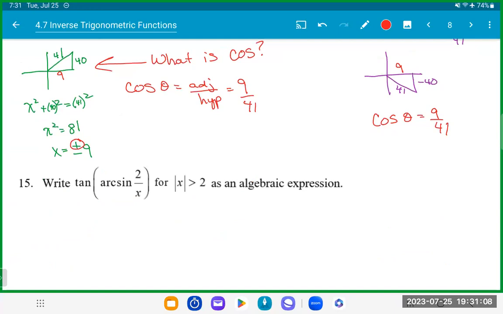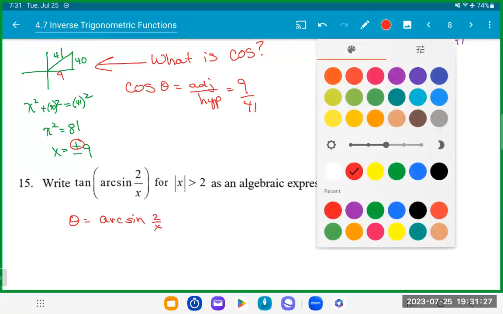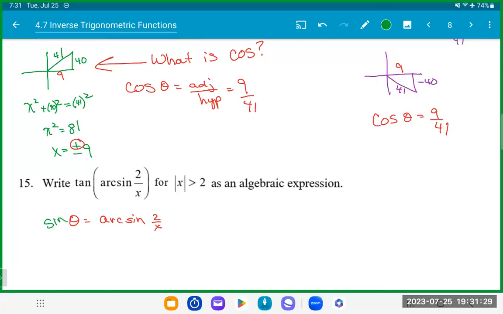Okay, so this last example down here is if we're looking at the arc sine of 2/x. That is, we're saying theta is equal to arc sine 2/x. So taking the sine of both sides, that gives us that sine of theta is equal to 2/x. Remember, that is our opposite over our hypotenuse.